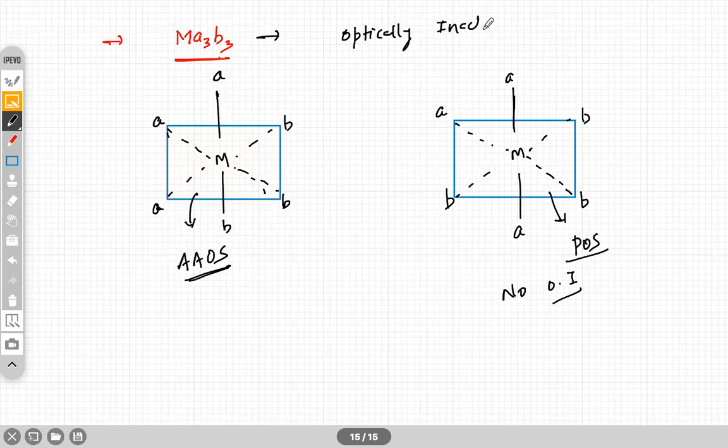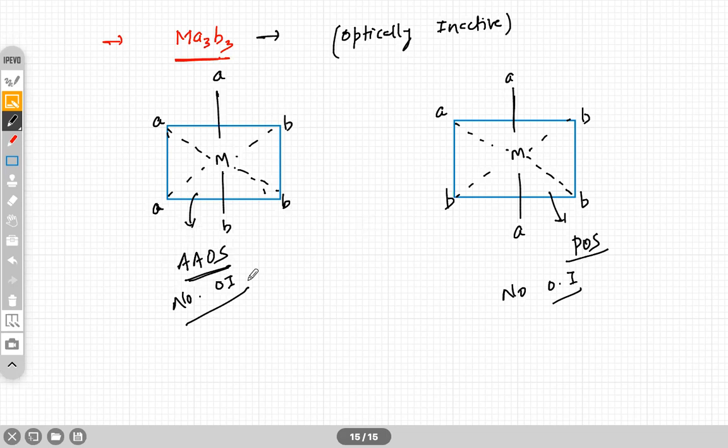If they ask you this question also, keep this in mind. This molecule, however, we cannot visualize the plane of symmetry, but it contains an alternating axis of symmetry, right? Some kind of symmetry is there, which makes the molecule optically inactive, no optical isomerism.